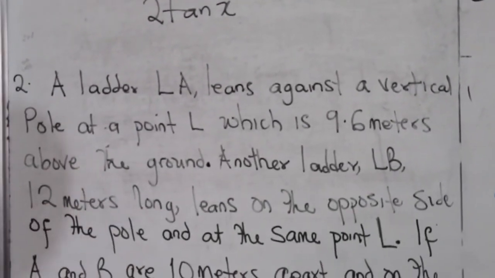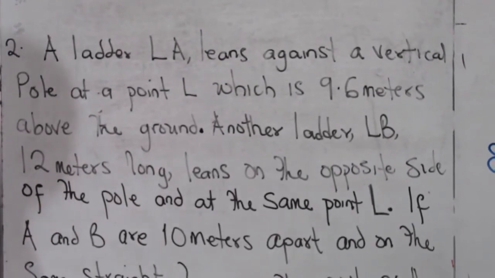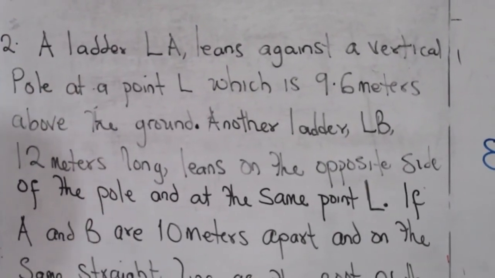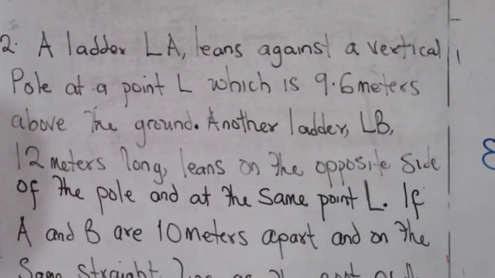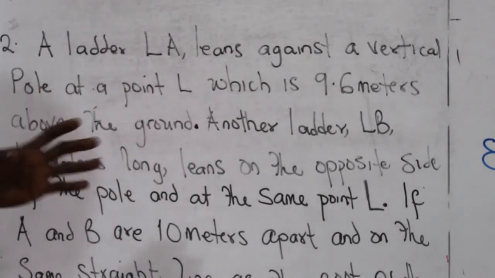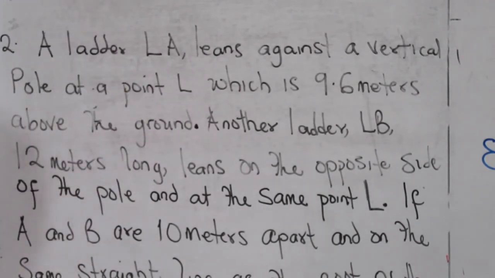The second one says a ladder LA leans against a vertical pole at a point L, which is 9.6 meters above the ground.